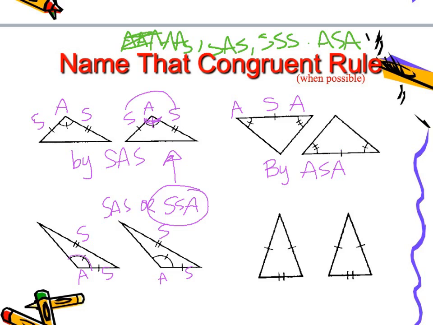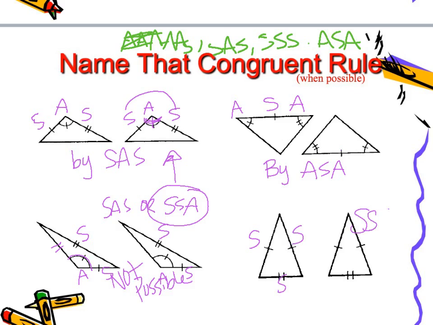This angle is not between the two legs. If it were between the two legs, this would be marked over here. So this is an ASS or a not possible. You cannot prove that these two are equal. You need more marks. And the last one on the right, this is SSS.